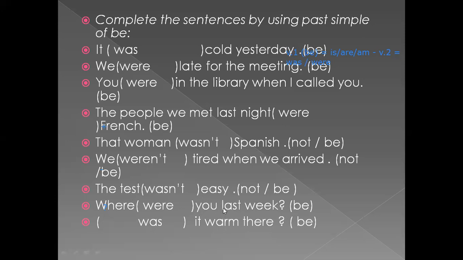Okay, whenever you want to decide whether to use was or were in the question, please look at the subject that you are asking about. If it's a singular subject, you should use was, and if it's a plural subject, you should use were. And here we have you, and it takes were.